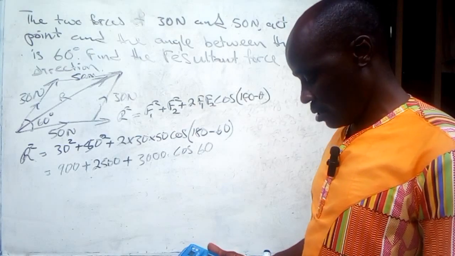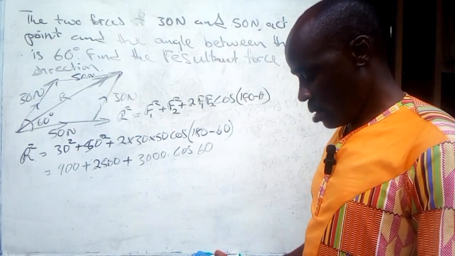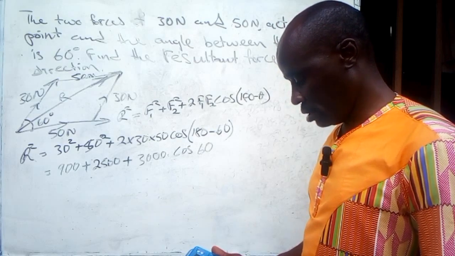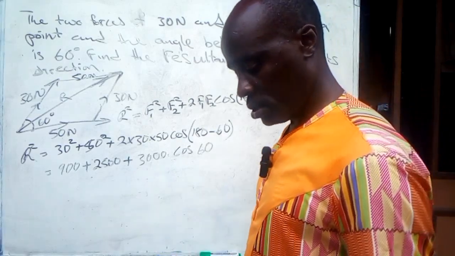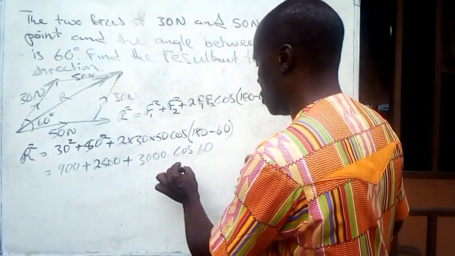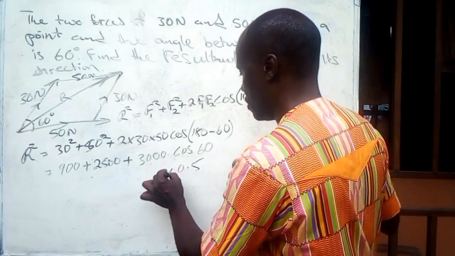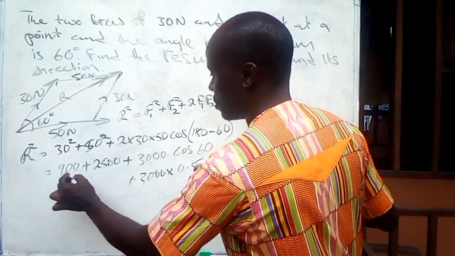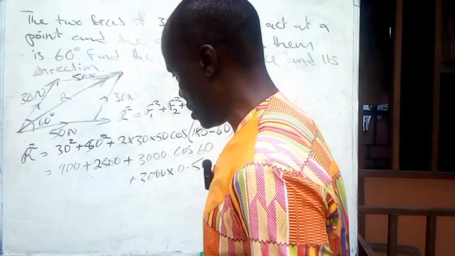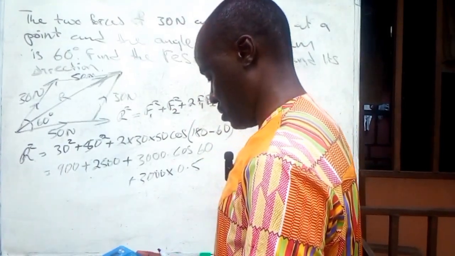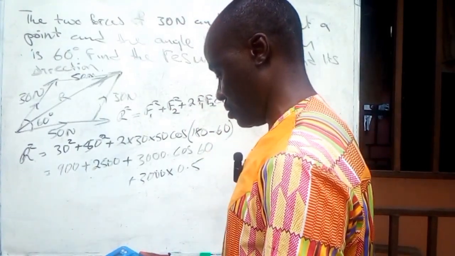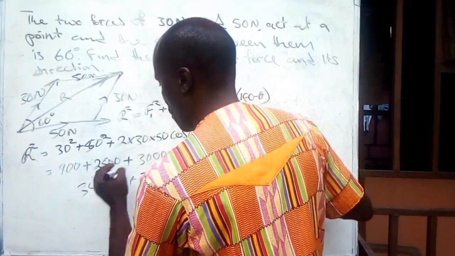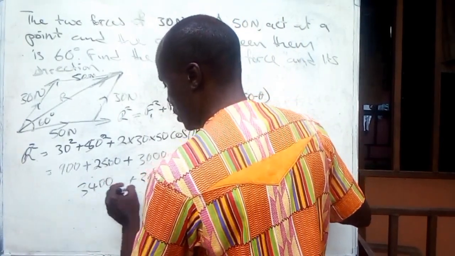We get the cos 60, which is equal to 0.5, times 3000, plus these other ones, adding up together, 900 plus 2500 will give us 3400.